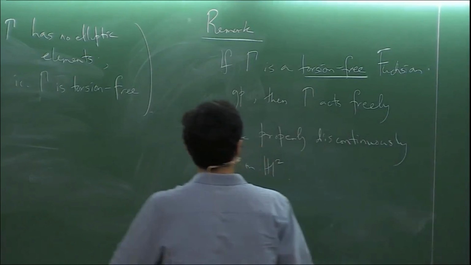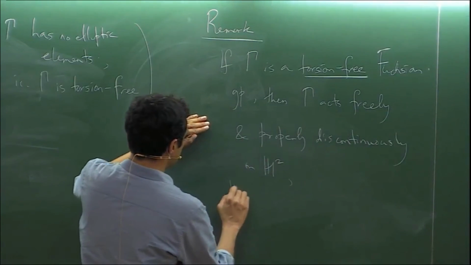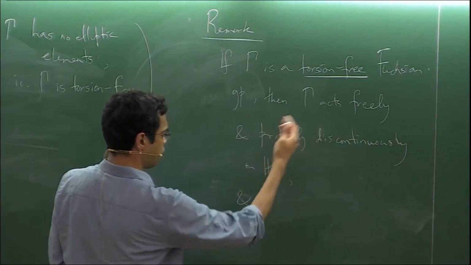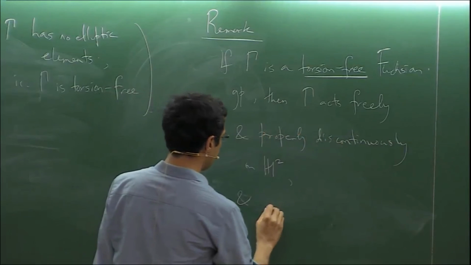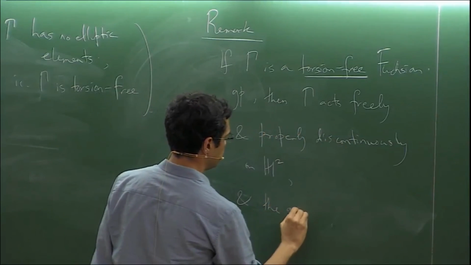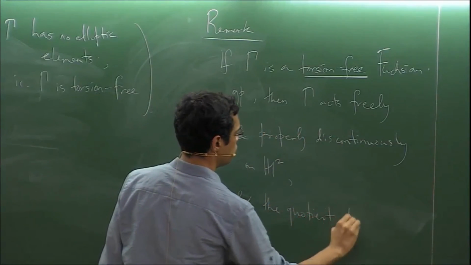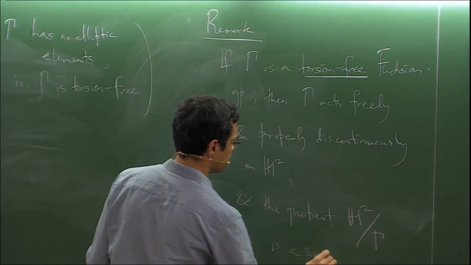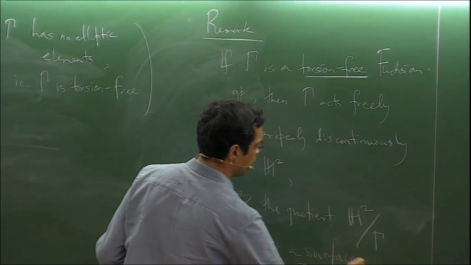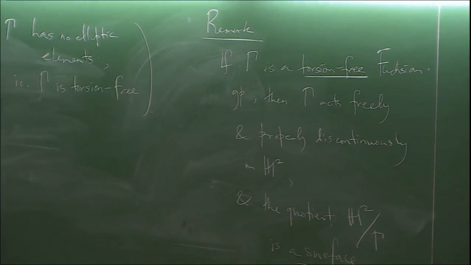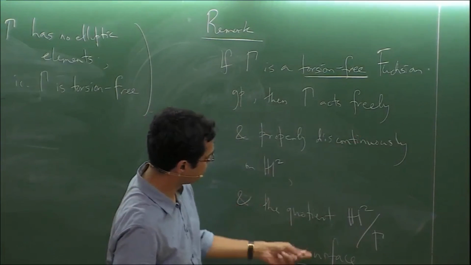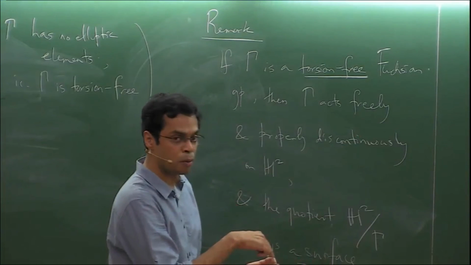If you have such a nice action, then the quotient of H2 by gamma is a surface. This happens if you act by a torsion-free group. You've seen surfaces before: a surface is something which is locally homeomorphic to R2.